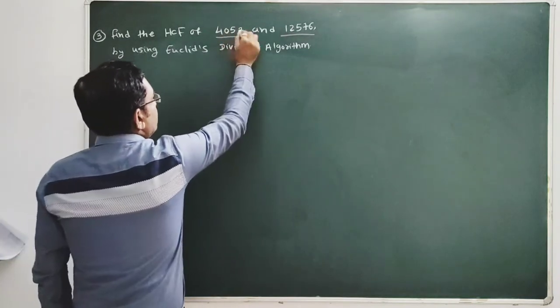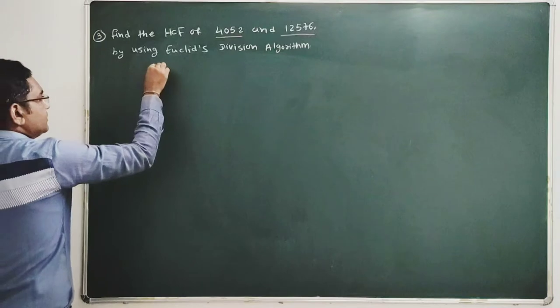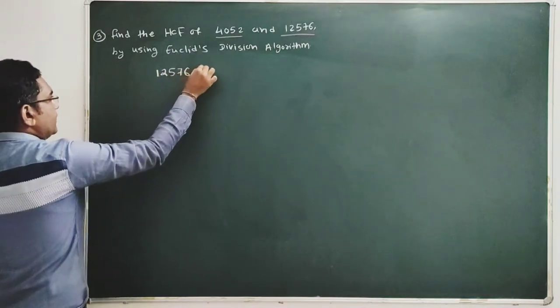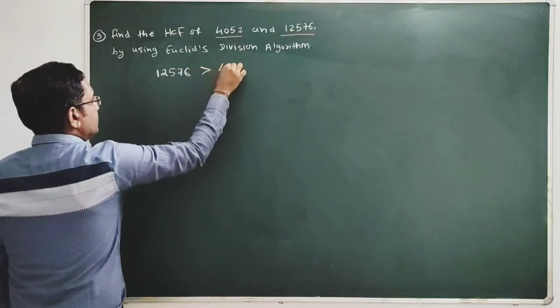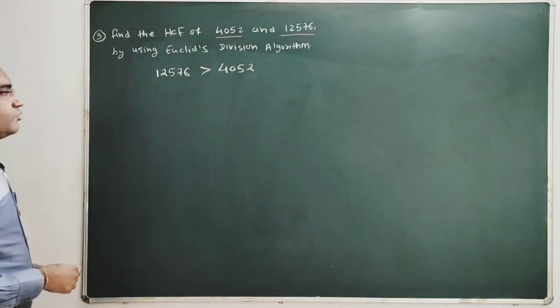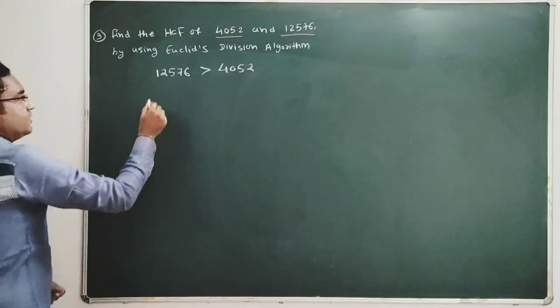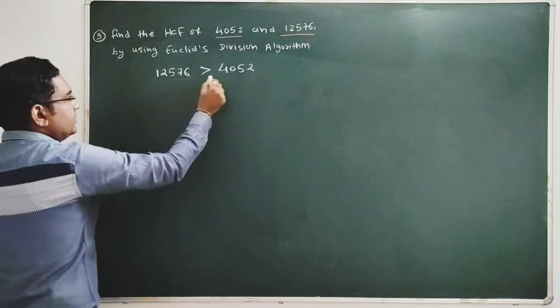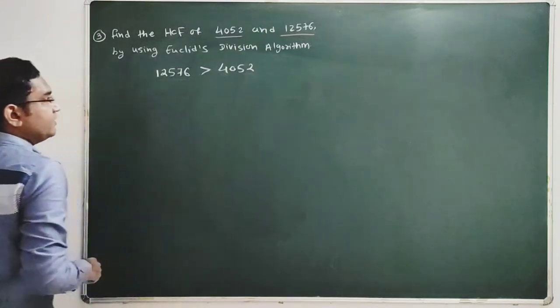So from these two given numbers, here we can say this 12576 is greater than 4052. Done. So for our Euclid's division lemma, we'll consider this 12576 as the dividend and this 4052 as the divisor.